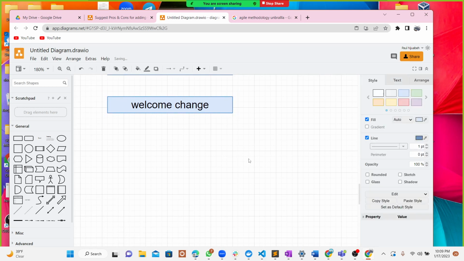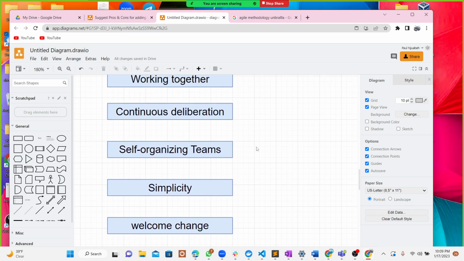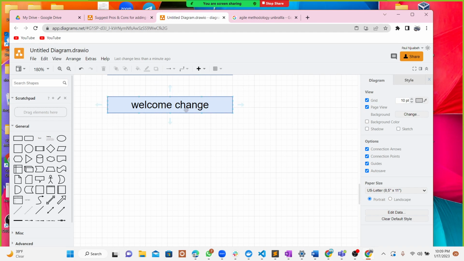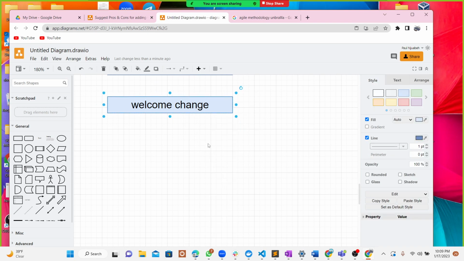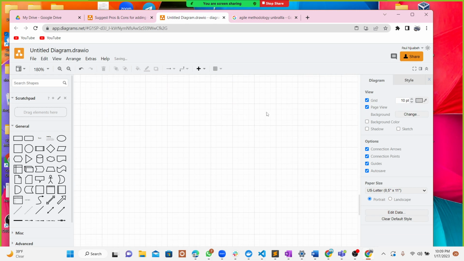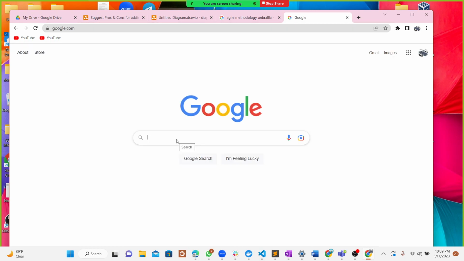Then the next one, we've talked about customer satisfaction, frequent or continuous delivery, simplicity, self-organizing teams, working together, and collaboration. If I'm not listing them all right here, we can pull them from here, and you will see the list of the 12 principles of the Agile Manifesto.